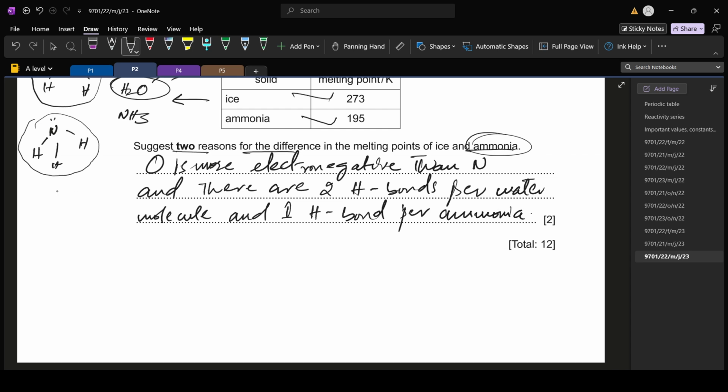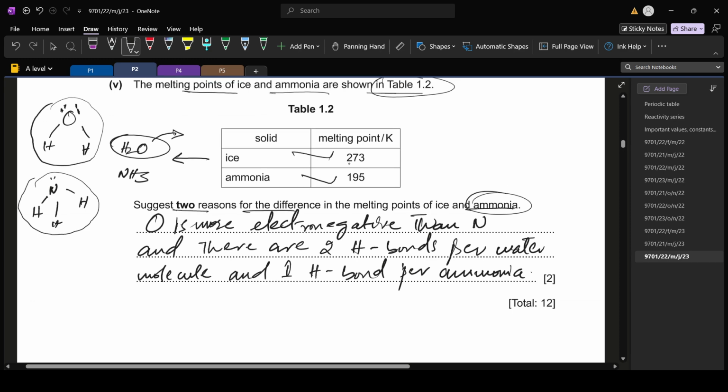So that's why water or ice has a higher melting point than ammonia.